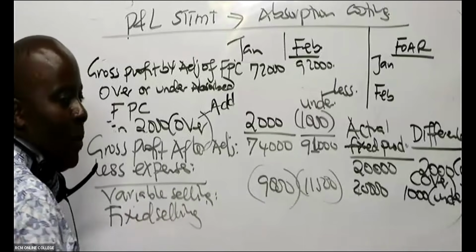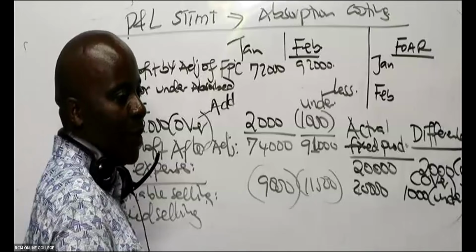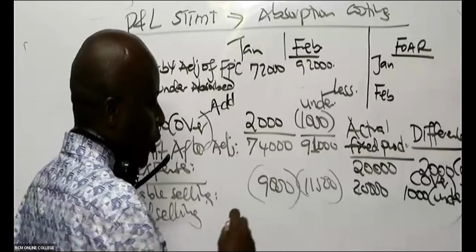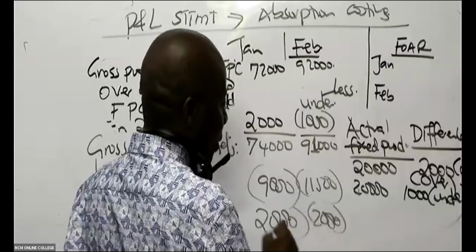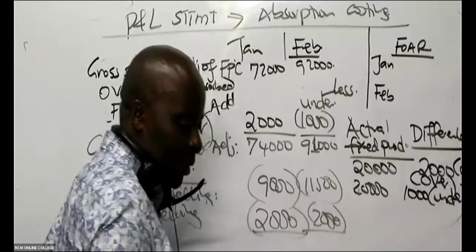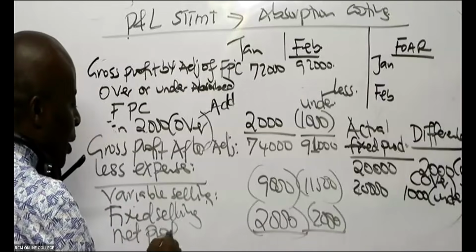So fixed selling is how much? It is 2,000, not 20. So it is 2,000 in January and 2,000 in February, isn't it? You subtract like that. So now you are able to get what you could call net profit.